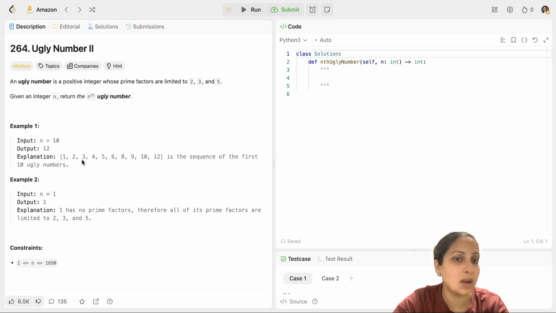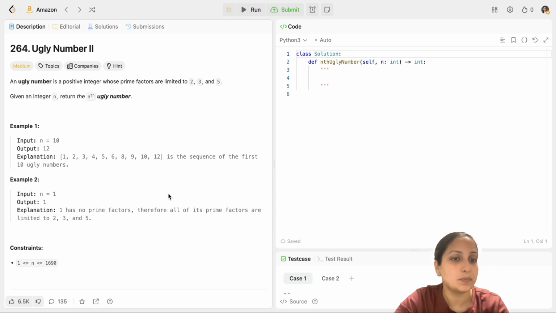And then 3 multiplied by 2 which is 6, 3 multiplied by 3 which is 9 and then 3 multiplied by 5, 15, but it is after the 10th index so it's not here. Then 4 multiplied by 2 which is 8, 4 multiplied by 3 which is 12 and 4 multiplied by 5 which is 20, which is out of bounds since we need only n equal to 10. And when we sort all these numbers, the 10th comes out to 12, and that's your output.